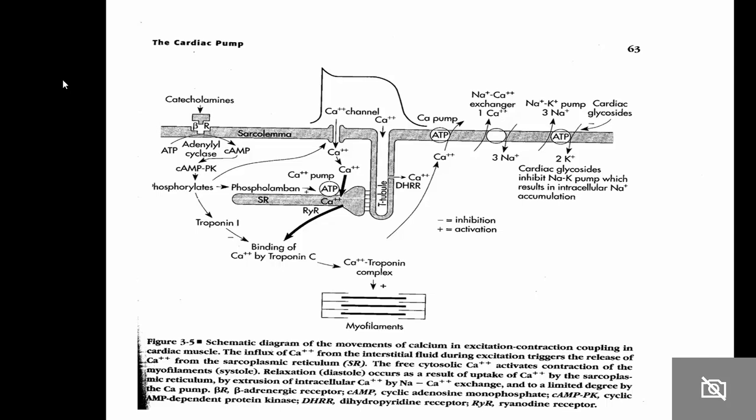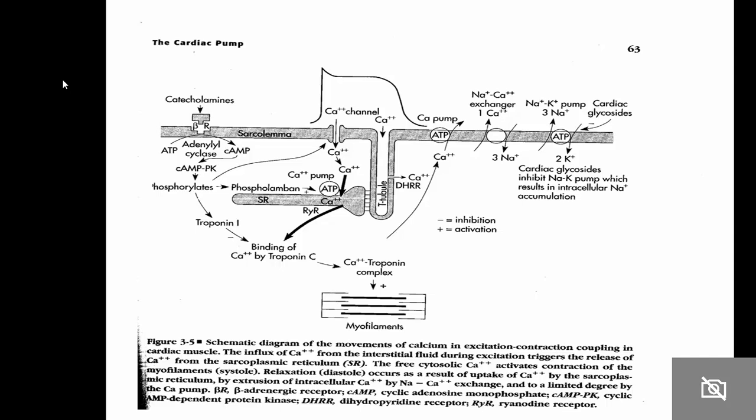The phospholamban actually speeds up the calcium ATPase, the SERCA pump. Okay, so that means you can get the calcium that has been spread throughout the muscle cell back into the SR faster.